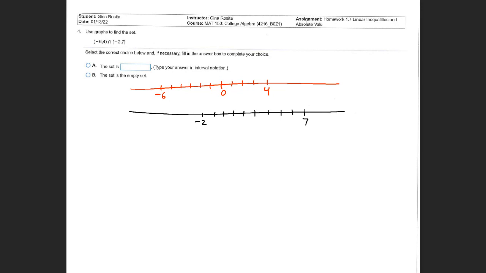Okay, so from this one, we can just take a line, because it's an intersection. So this is 2, this is -2, and this is 4.